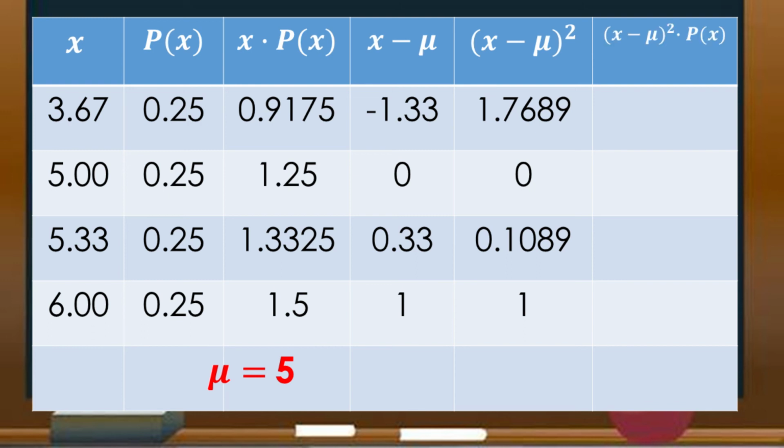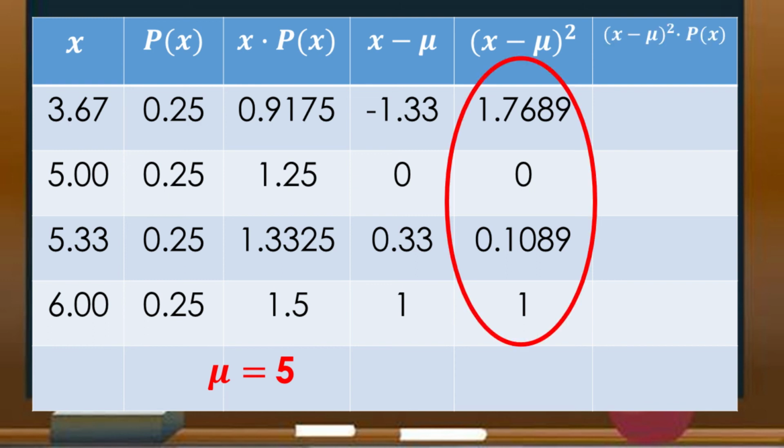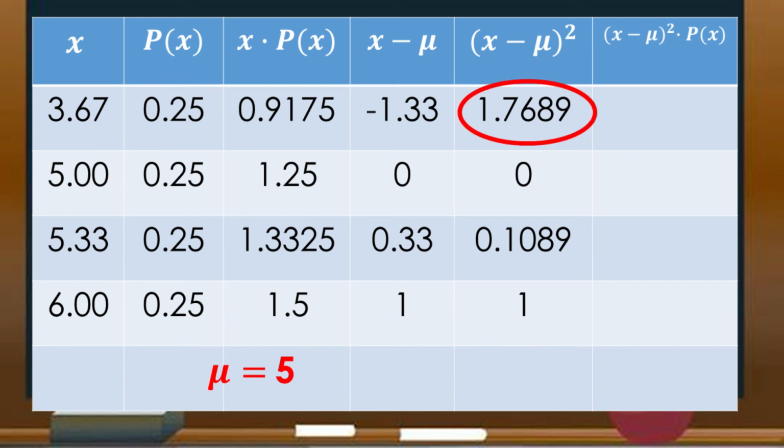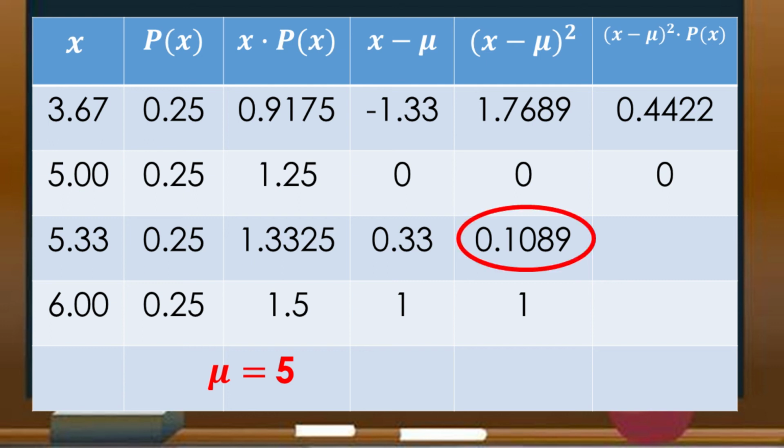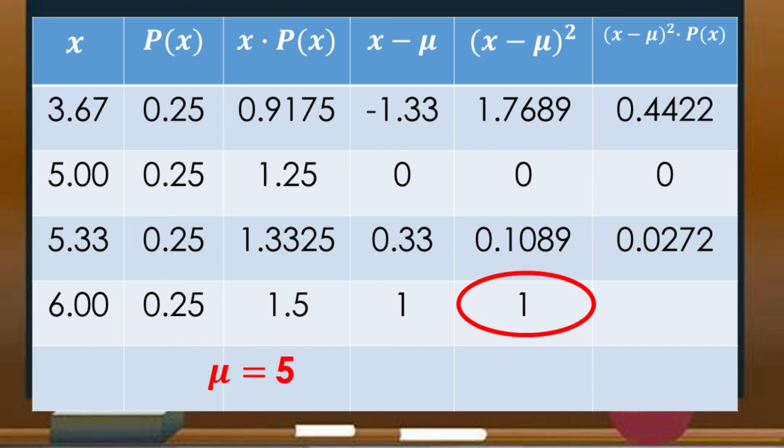Fifth step. Multiply the square of x minus mu and p of x. 1.7689 times 0.25 is equal to 0.4422. 0 times 0.25 is equal to 0. 0.1089 times 0.25 is equal to 0.0272. 1 times 0.25 is equal to 0.25.